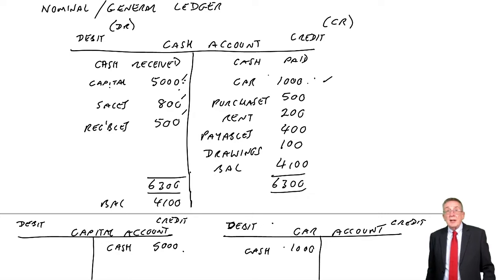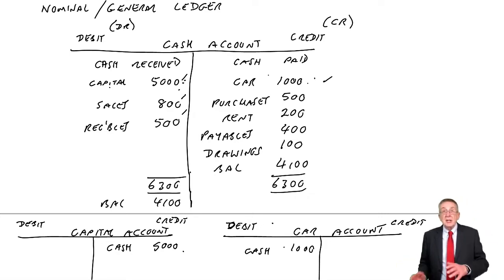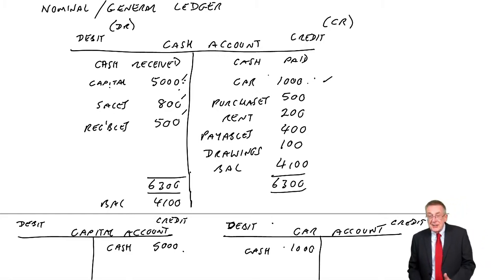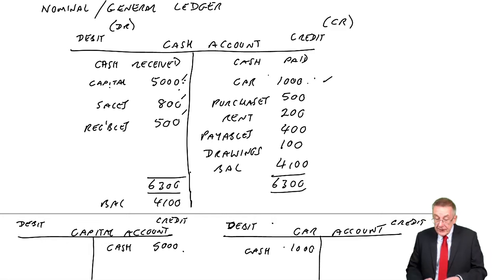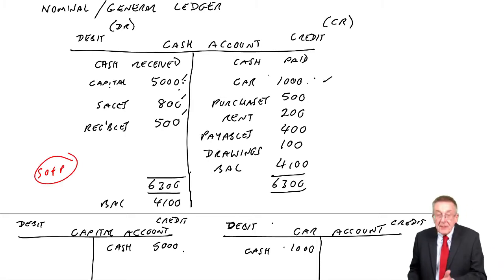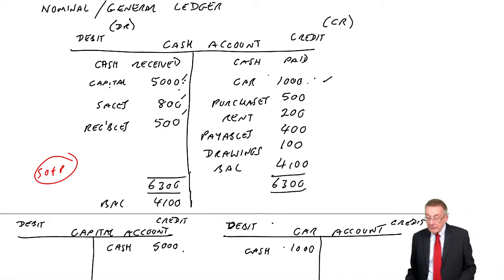There'll be 4,100 there. And next year, there'll be more cash, less cash, and the balance will change. But because it's an asset, and it'll appear in the statement of financial position, and we've still got the asset, we simply leave the balance there. We don't do anything. Leave it there. Use the same T account next year.